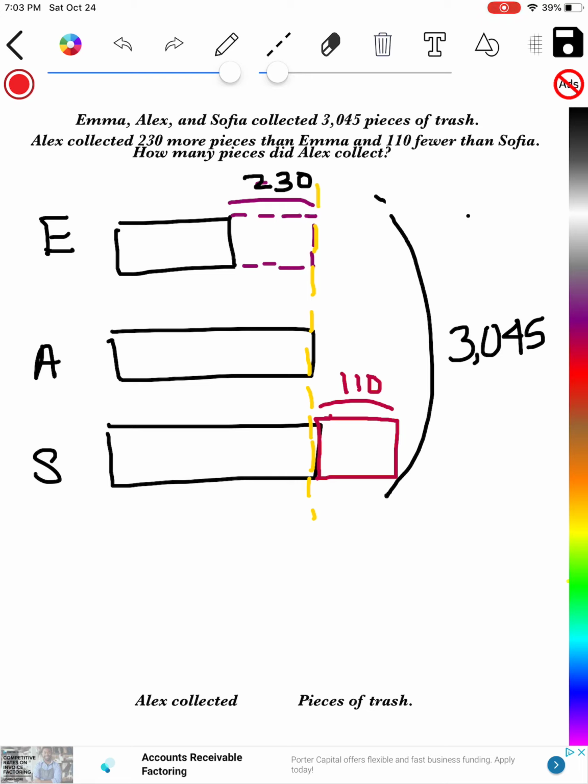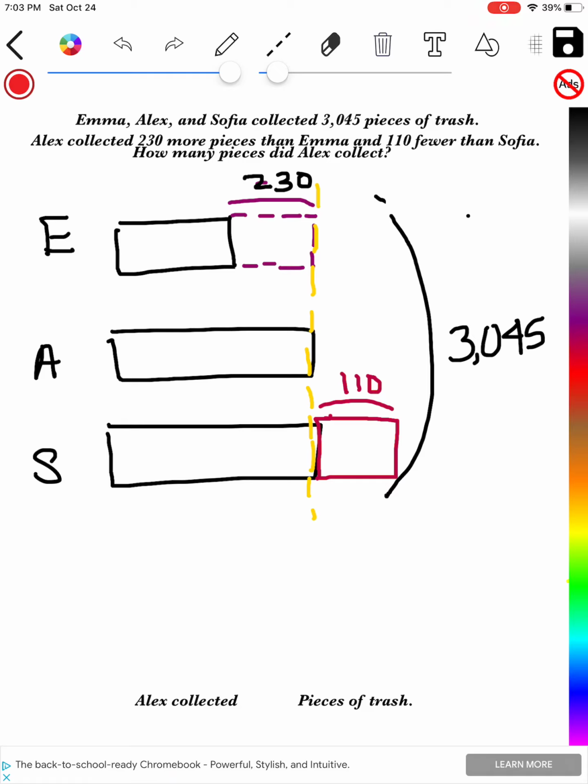So in order to solve this, I need to make sure that Emma's bar goes all the way over to my dotted line to make sure that it is the same exact amount, and that Sophia's bar is small enough to reach just that threshold of that dotted line, or that amount that makes all three of those units equal.